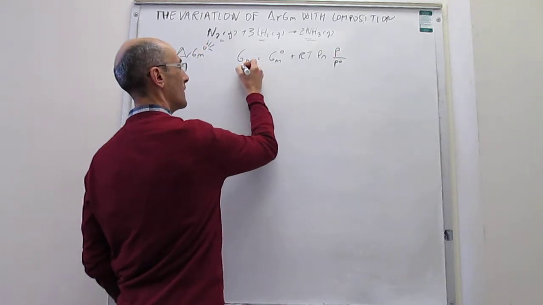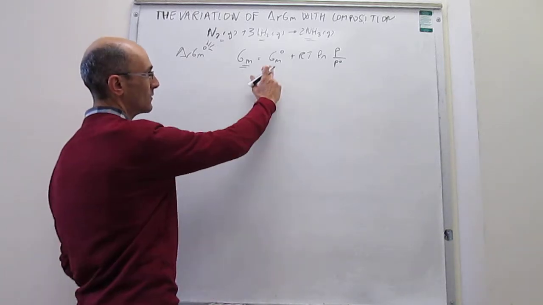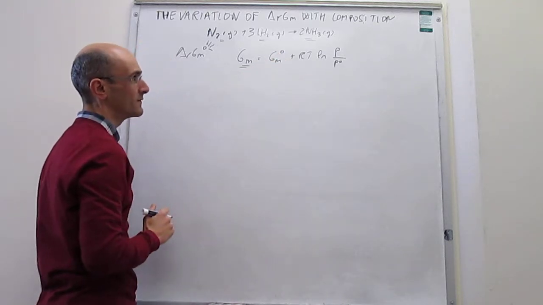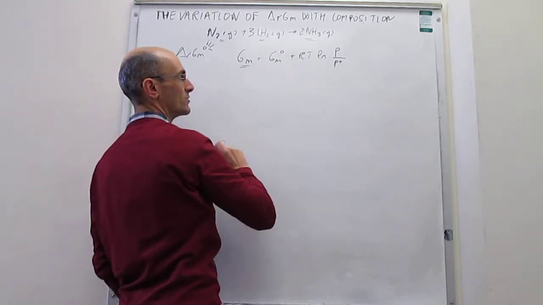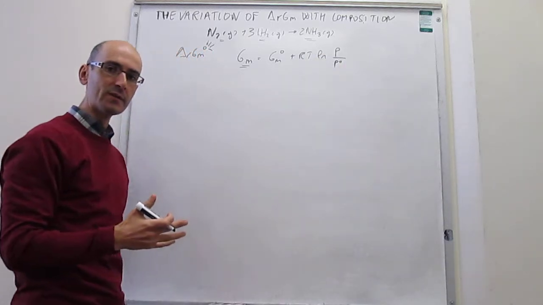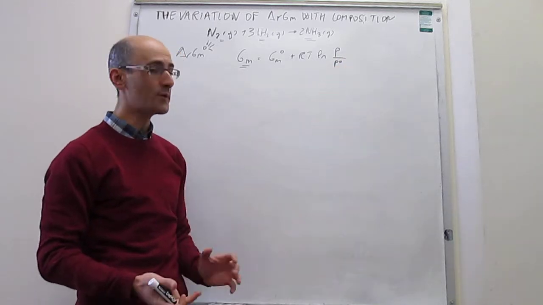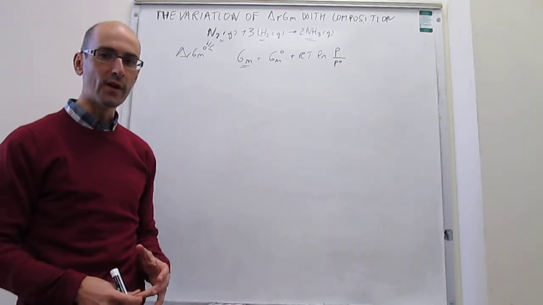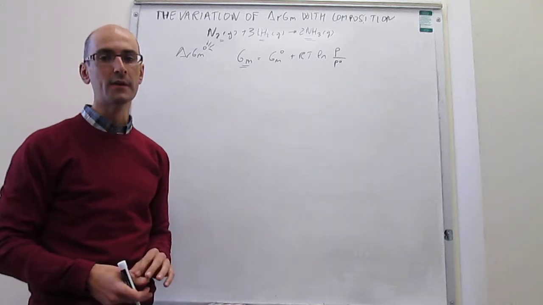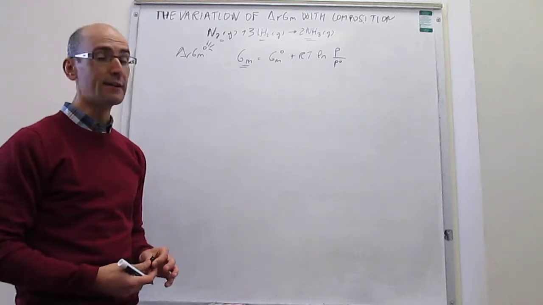The Gibbs energy of a gas at a particular pressure P is equal to the molar Gibbs energy of that gas at a pressure of 1 atmosphere or 1 bar, plus a correction, which is RT natural log of the actual pressure of the gas divided by the pressure of the reference state, which is 1 atmosphere or 1 bar. We're not going to see how this equation is derived, but this is something that we will do in physical chemistry in a few years.